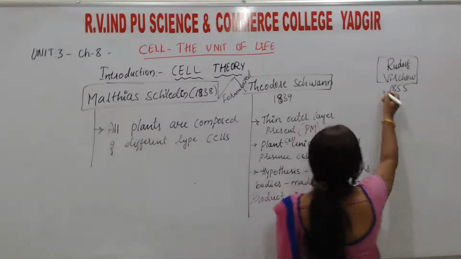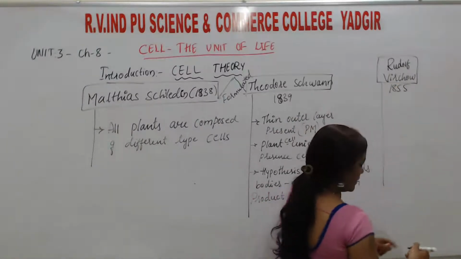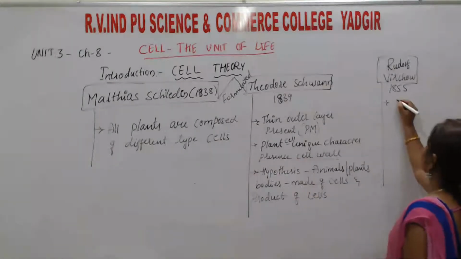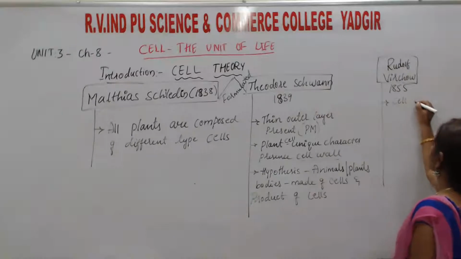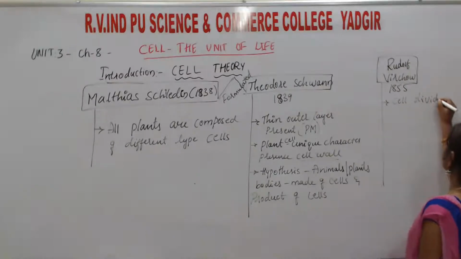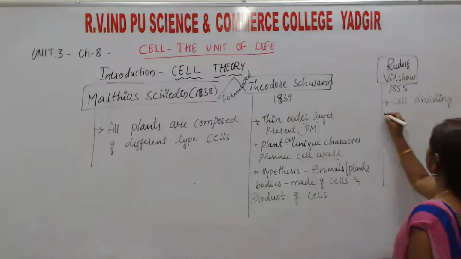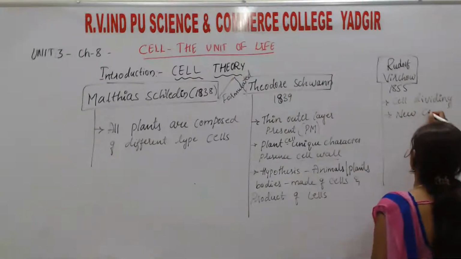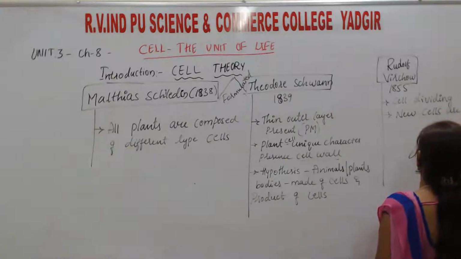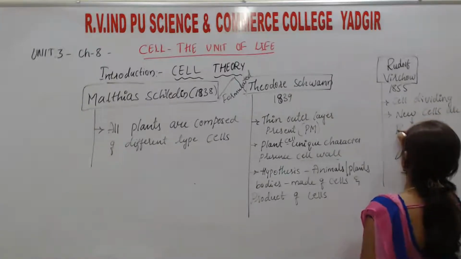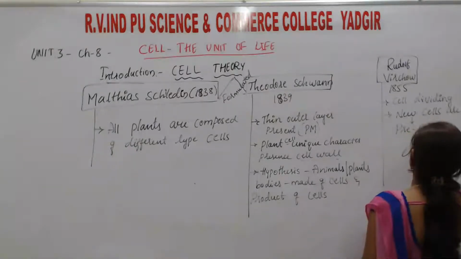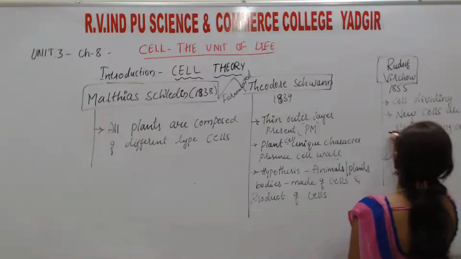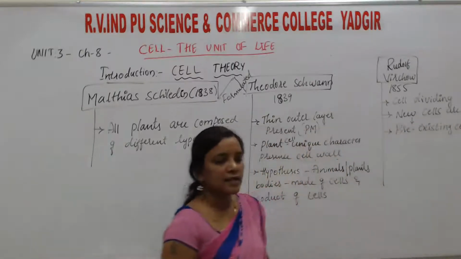According to Rudolf Virchow, cells are dividing, and new cells are formed from pre-existing cells.